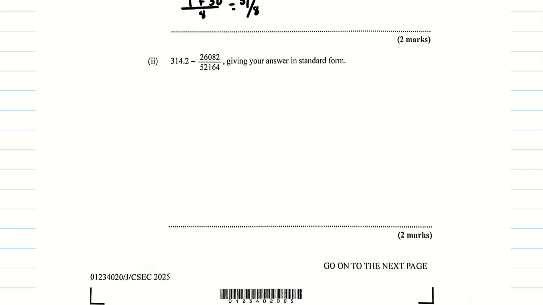Right, this is the next part here. Now, they already told you to use your calculator. So I would put in my calculator 314.2 subtract open bracket 26,082 divided, because that over button means to divide, right?